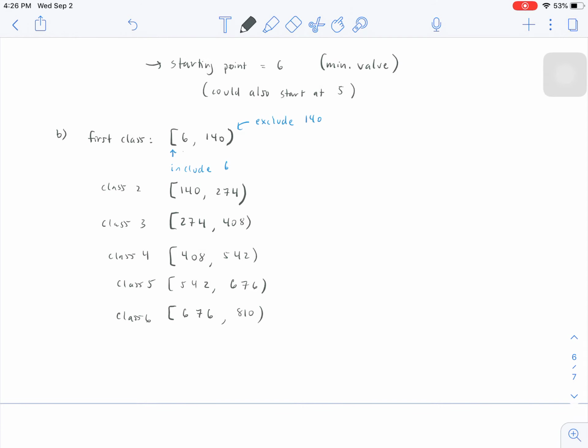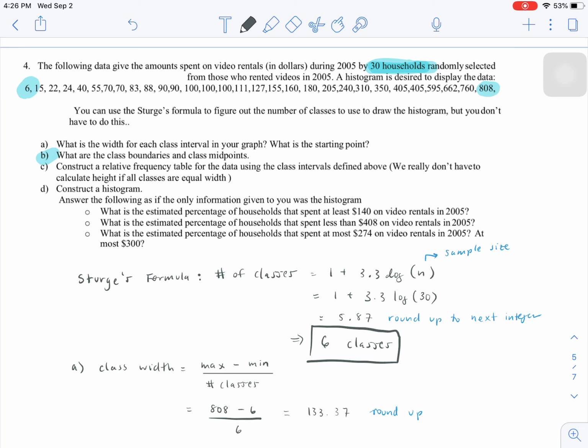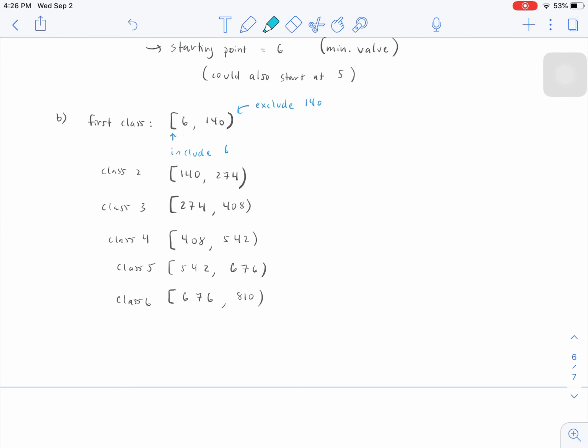Okay, so next, our next task for part B is to calculate the midpoint of each interval. To calculate the midpoint of any interval, you take the upper bound minus the lower bound, plus the lower bound, and divide by 2.